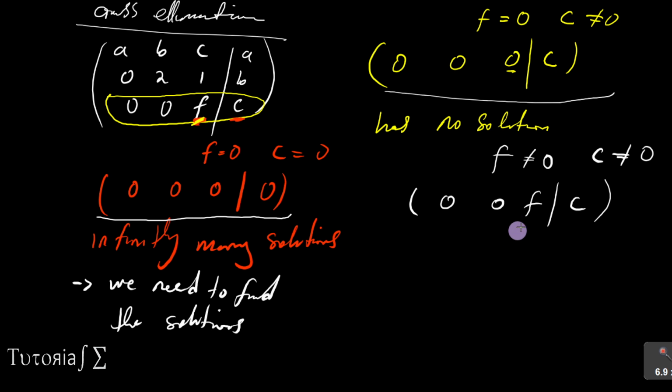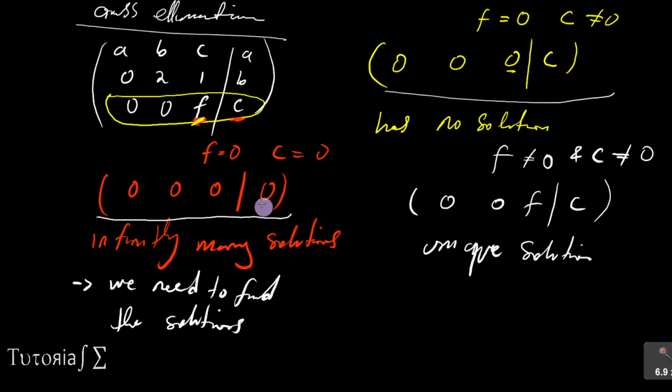If F is not equal to 0 and C is not equal to 0, we conclude that the system has a unique solution. So those are the three cases: infinitely many, no solution, and unique solution.